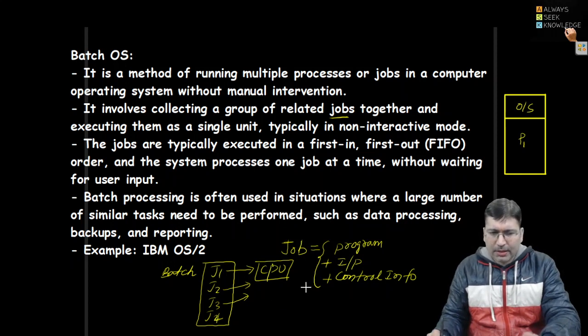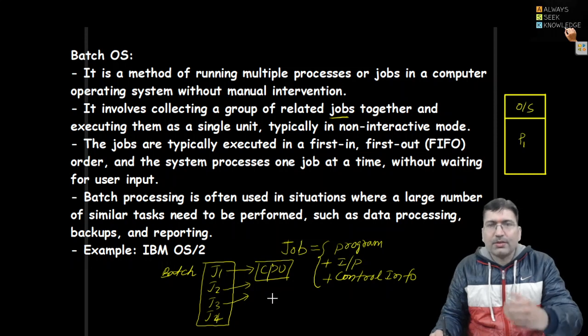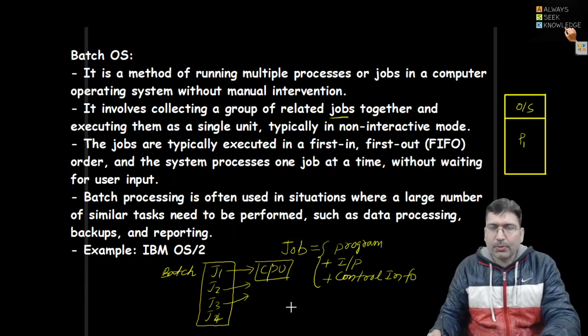The drawbacks are very visible in this because a job, when it is executing, becomes a process, and every process requires two things. If I consider the process life cycle, a process is the combination of two things.